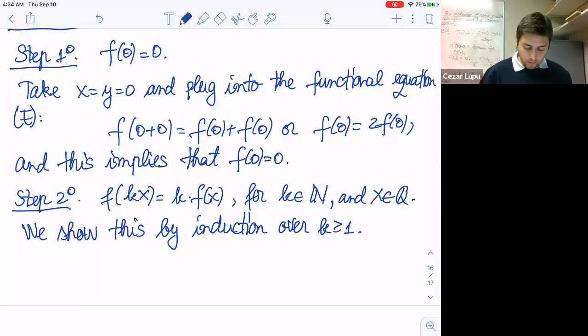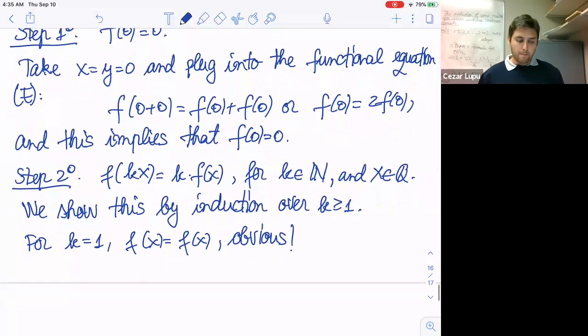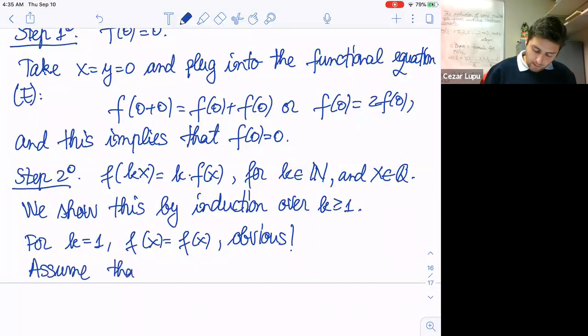Let's see, for k equals 1, what do we have? It's obvious. f of x is f of x, which is obvious. All right, now assume that this is true for k.